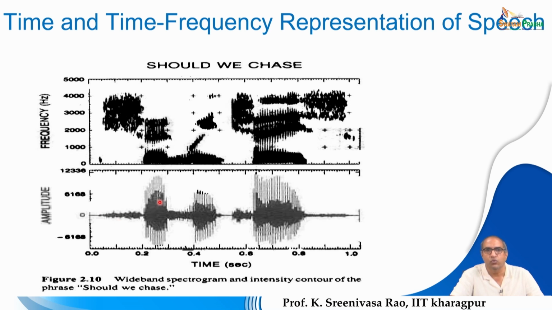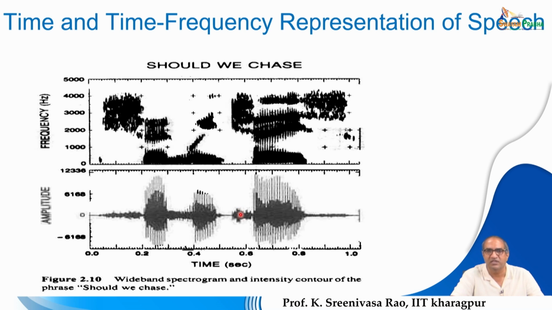Then oo is a voiced sound, and here you can see the periodic patterns with higher amplitude. Then "we" is again voiced, so that corresponds to voiced excitation. Afterwards "chase": ch is again unvoiced, where you can see the noisy manifestation in the time domain.